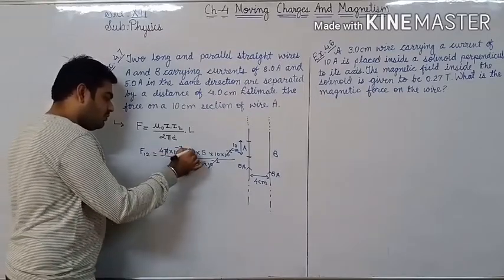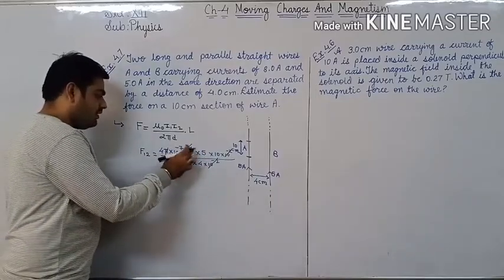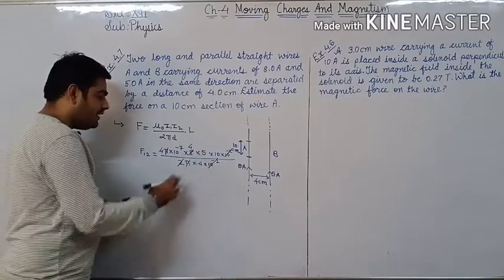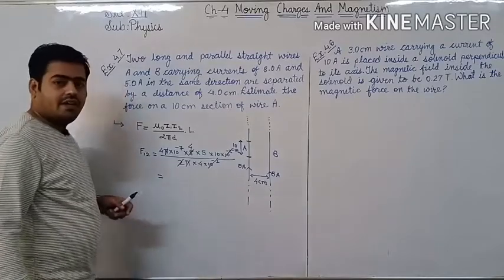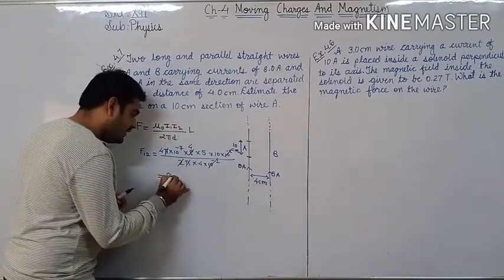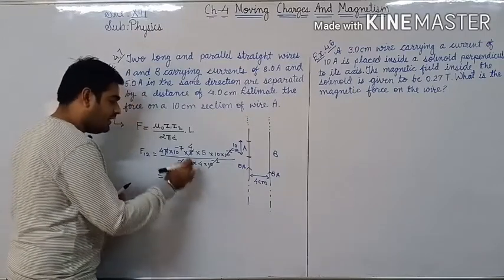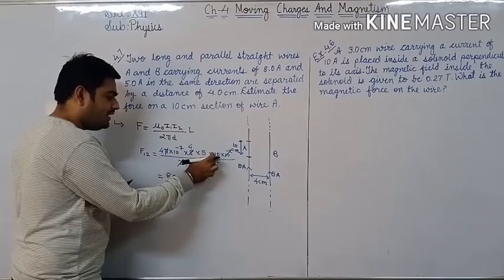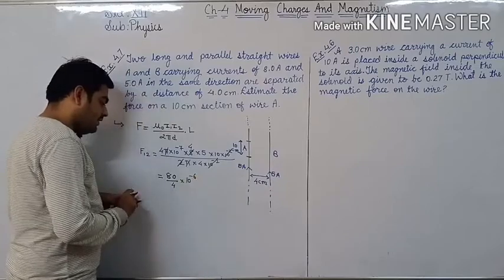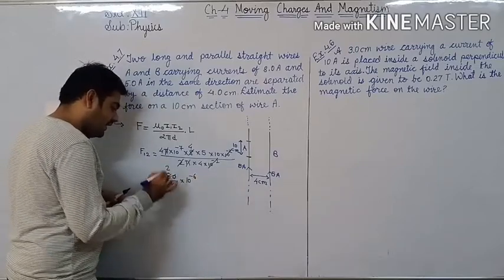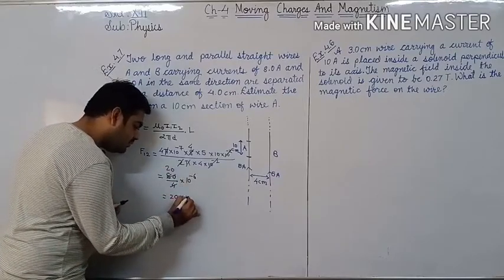2 4s are 8. 4 into 5, that is 20. 20 into 4, that is 80. So 80 upon 4 into 10 raised to minus 7 into 10 raised to minus 6. 4 2s are 8, so 80 by 4, that is 20. 20 into 10 raised to minus 6.